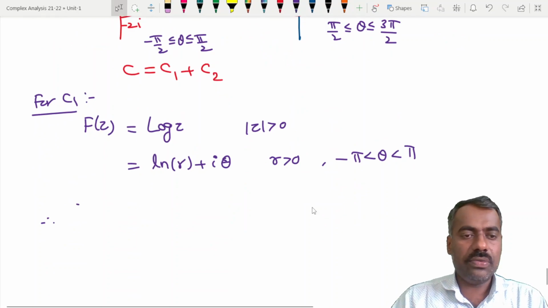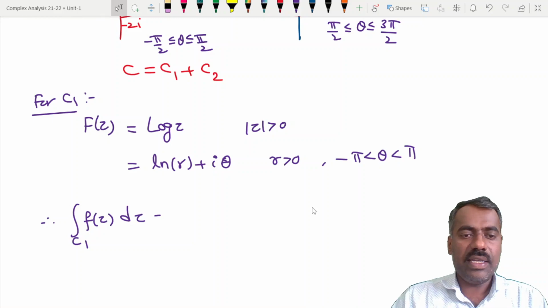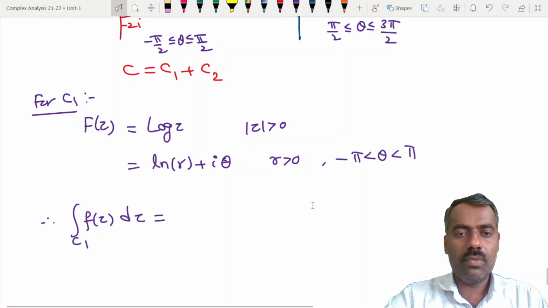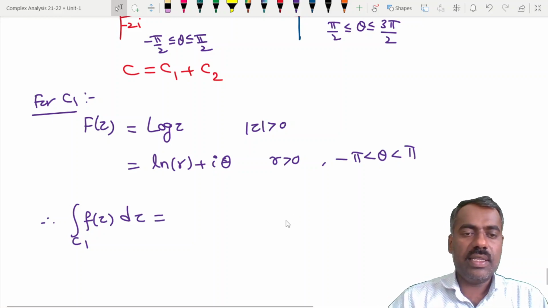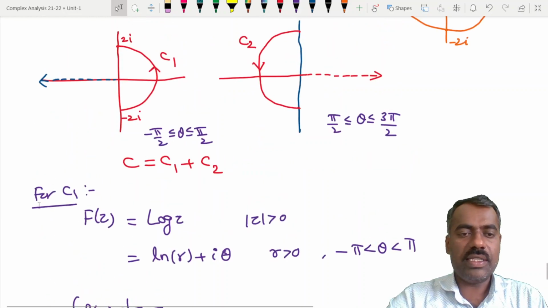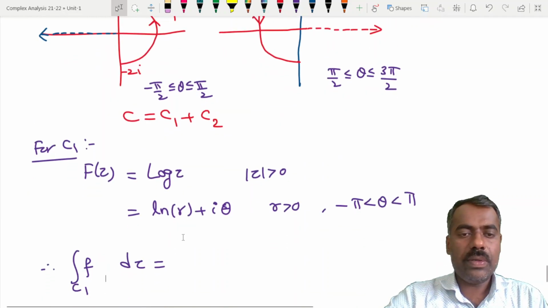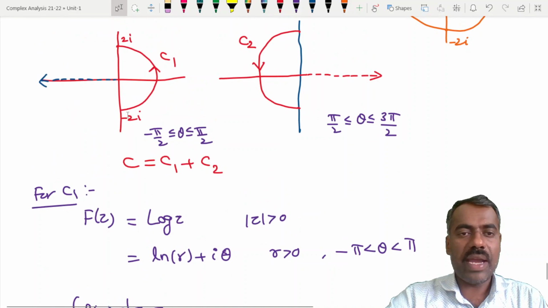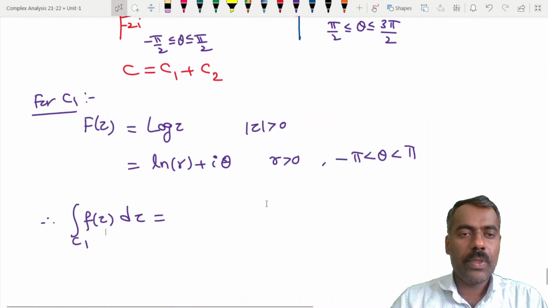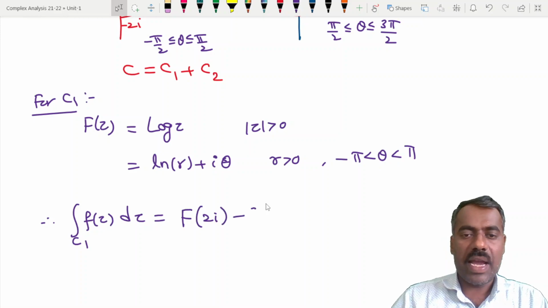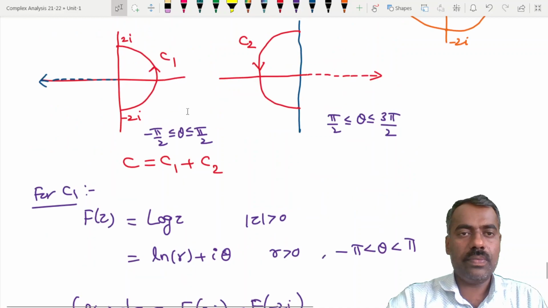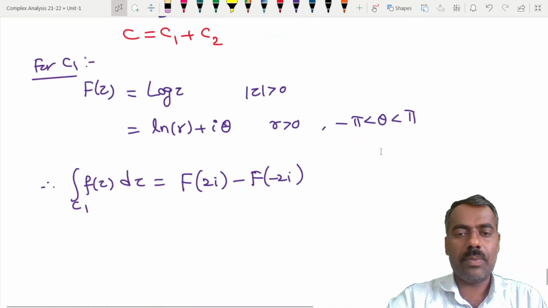Therefore the integration of f over C1 dz is nothing but the value of this antiderivative evaluated at the points from minus 2i to 2i. So this is F of 2i minus F of minus 2i, where this is the endpoint and this is the start.